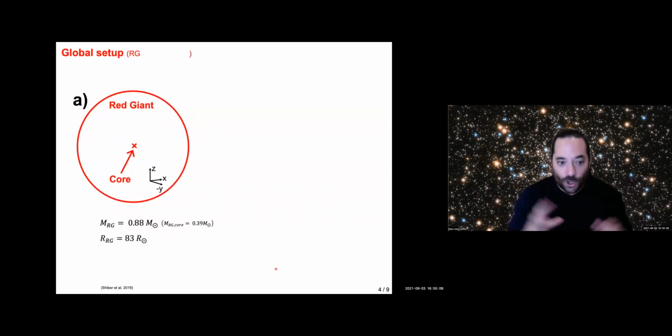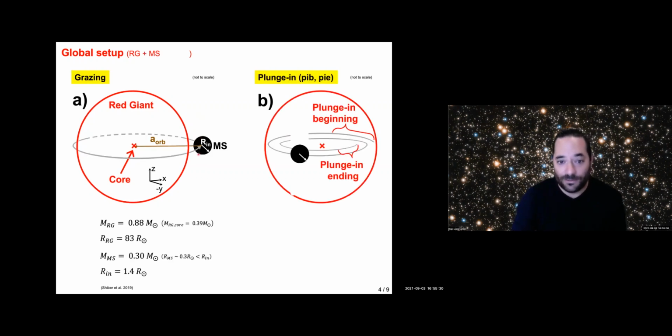Okay, so the global setup is, we took the red giant configuration identical to what Sagiv had. It's nearly a 1 solar mass red giant with 83 solar radii. We also incorporated the main sequence star, either right close to the border, like the grazing envelope evolution that Noam has already mentioned, or when the main sequence star is already within the envelope.